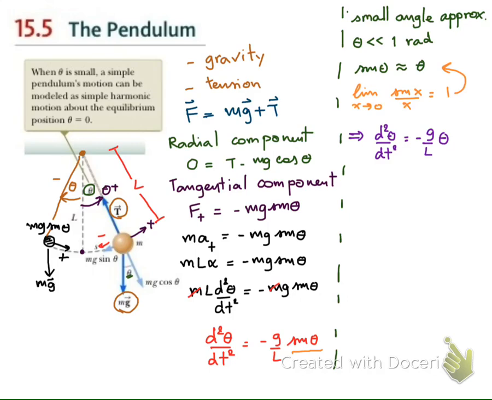And you can see that if we compare this equation with the equation of the mass spring system, d square x by dt square is equal to minus k over m x, if you replace x with theta, and you replace k over m with g over L, you will have the same equation.